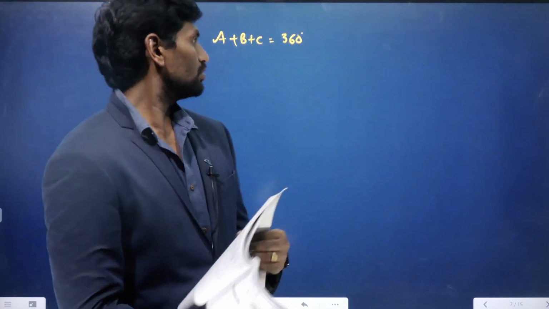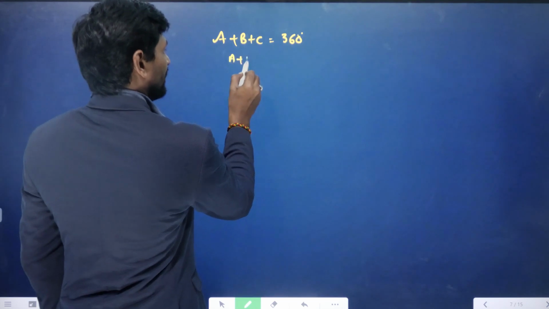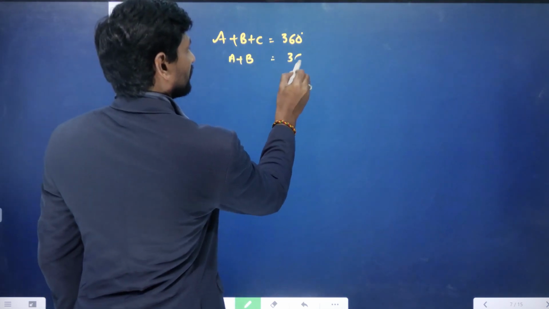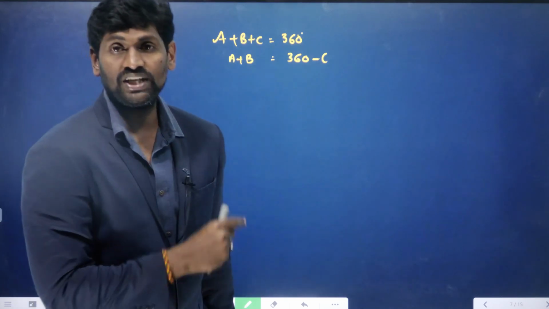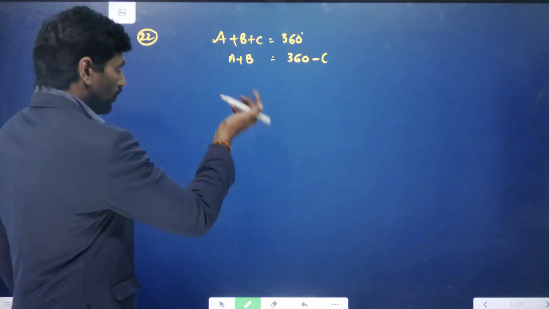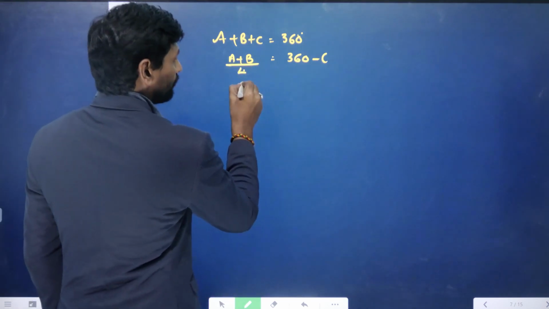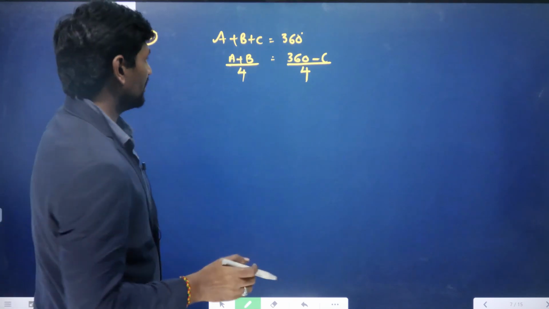We need to identify the value of K. So from this, I am going to write A plus B equals 360 minus C. Previously we used tan a by 2, tan b by 2 like that, right? So here 4 is there, no? So divide by 4 on both sides.